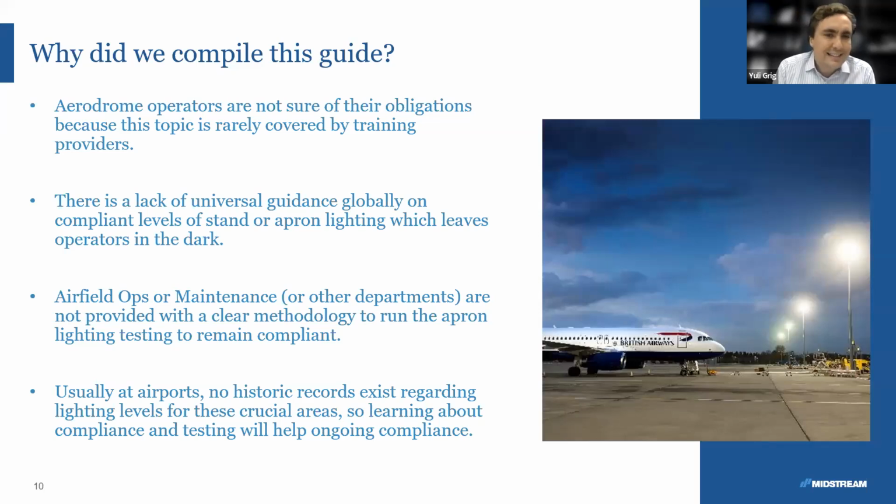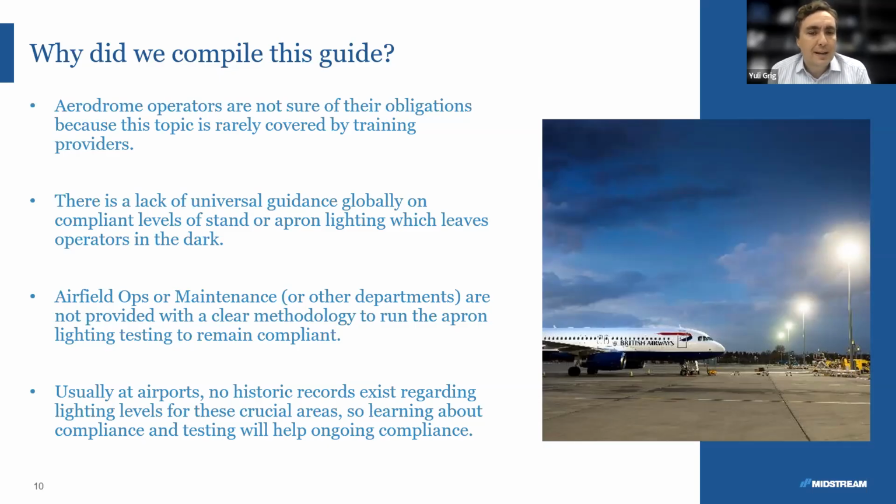But apron floodlighting is something that's typically overlooked by training providers, and therefore knowledge is really missing. And also, there's no global guidance which people can pick up and refer to. There is, of course, the ICAO recommendation, but that is just the standard, and it's not very clear how we put that into practice.